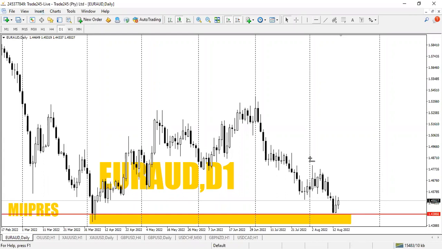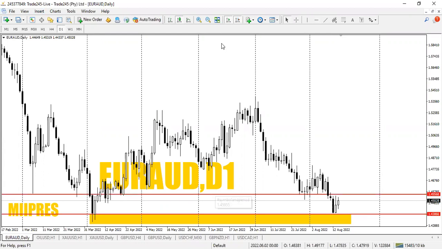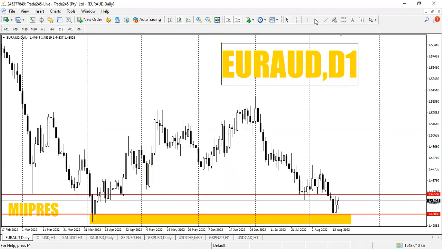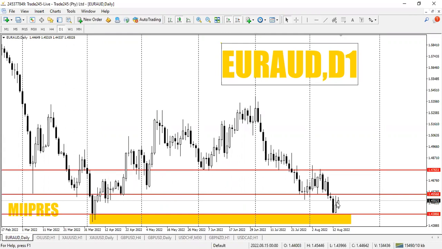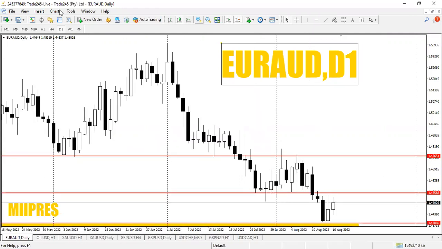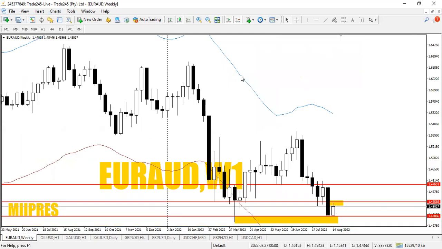So still expecting the Euro AUD, because there's that candle over here, you know, it's a problem. It might just continue to go on the weekly.